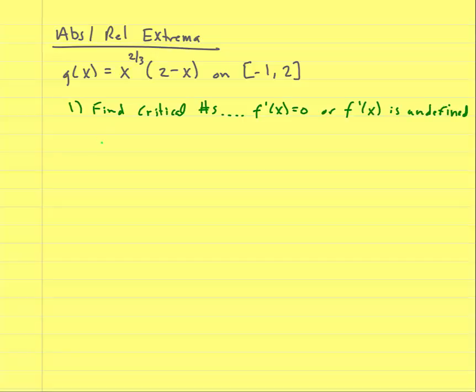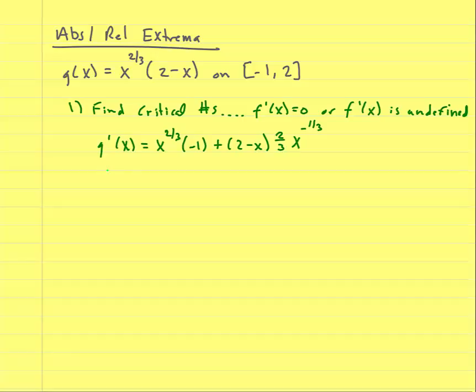Okay, so let's go ahead and look at our derivative. This is going to be a product rule. It doesn't have to be a product rule. I could distribute the x to the 2/3 and then just use a good old power rule, but I'm going to stick with the product rule. So I have my first times the derivative of the second plus the second times the derivative of the first, which is 2/3 x to the 2/3 minus 1, or 2/3 minus 3/3 is a -1/3.